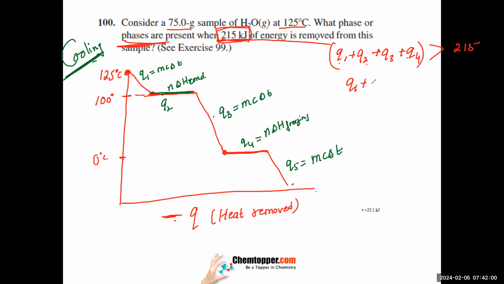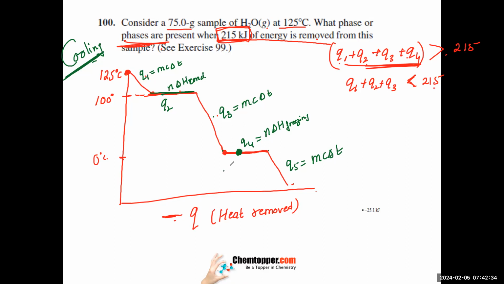Q1 plus Q2 plus Q3 is less than 215. That you can check. You calculate this, this, this. Keep checking. This is less than 215, but this is more than 215. It means, where is your material? It's not here, it's not here, it's here somewhere. And what is the state of matter here?